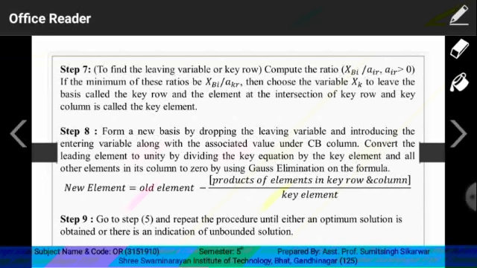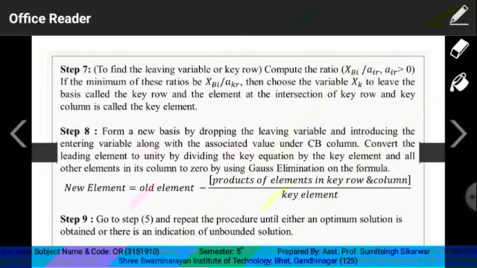We take the minimum of these ratios, XBi divided by Air, say XBk divided by Akr, and we choose the variable Xk to leave the basis. This is called the key row. And the element at the intersection of the key row and key column is called the key element.